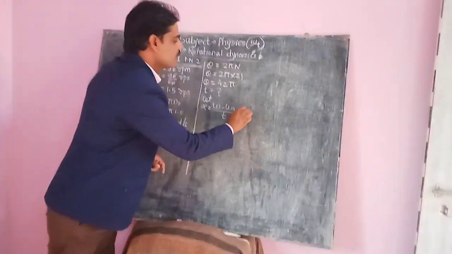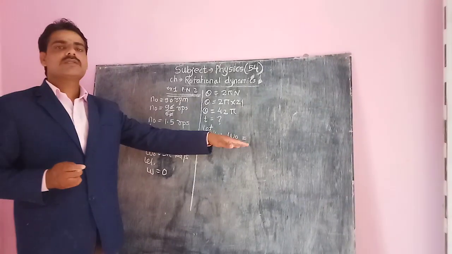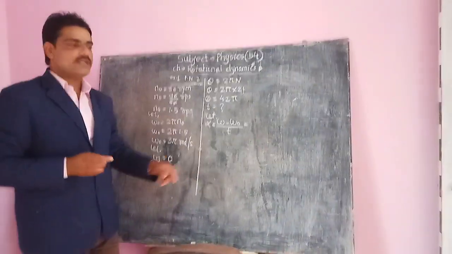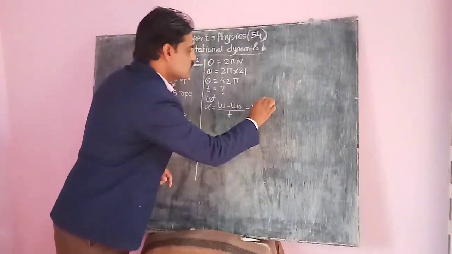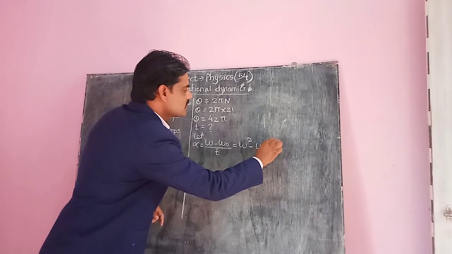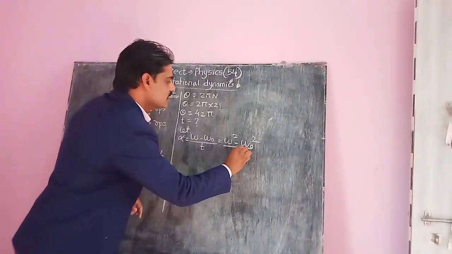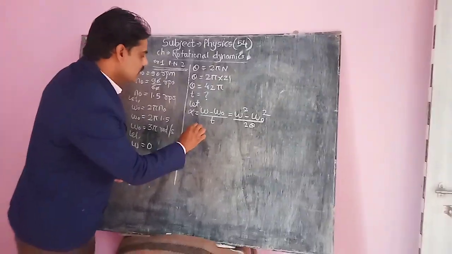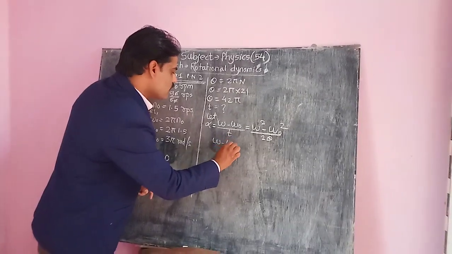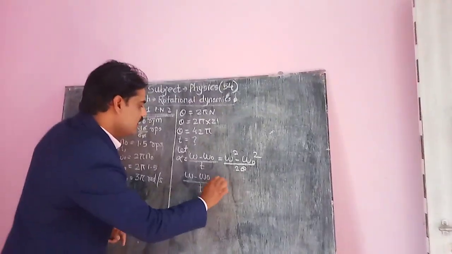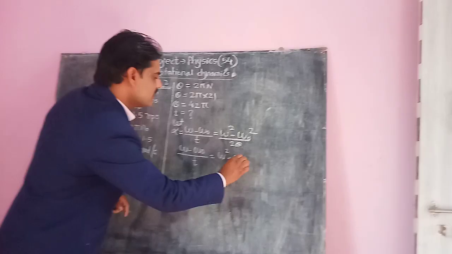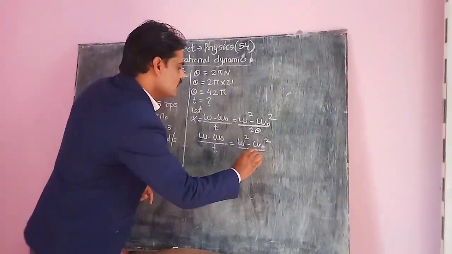By using kinematical equations of circular motion, alpha is equal to omega square minus omega 0 square upon 2 theta. So omega minus omega 0 upon t is equal to omega square minus omega 0 square upon 2 theta.